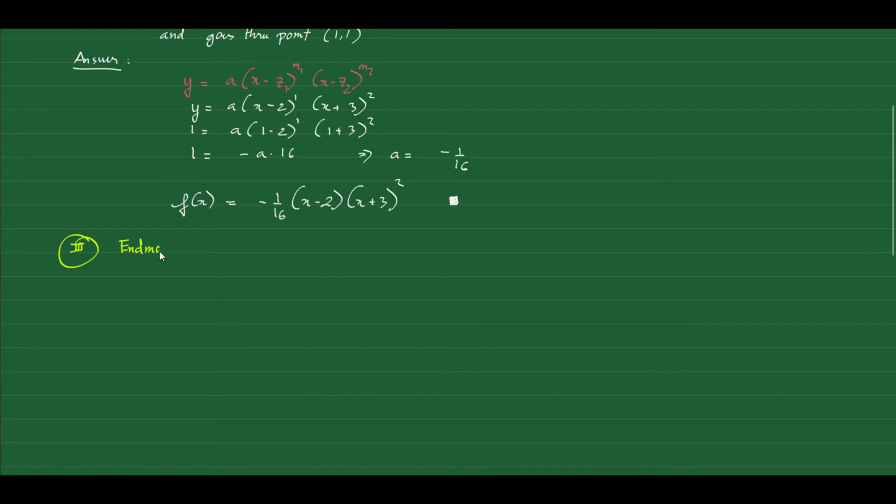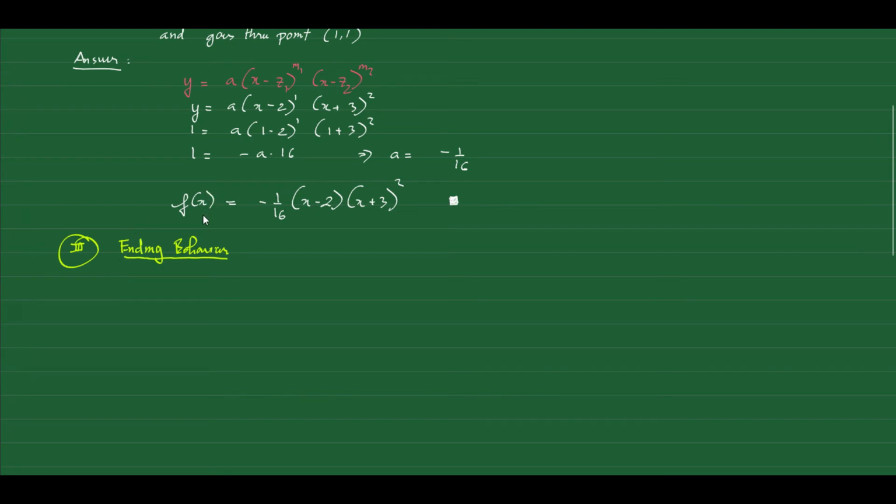Okay, ending behavior, which is how the function behaves when x approaches positive and negative infinity. I'm going to start this section by categorizing it into 4 different cases.